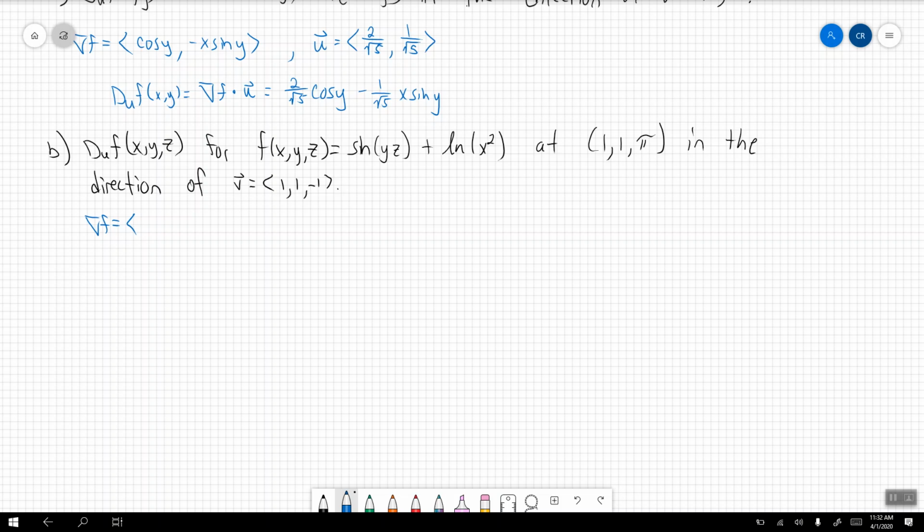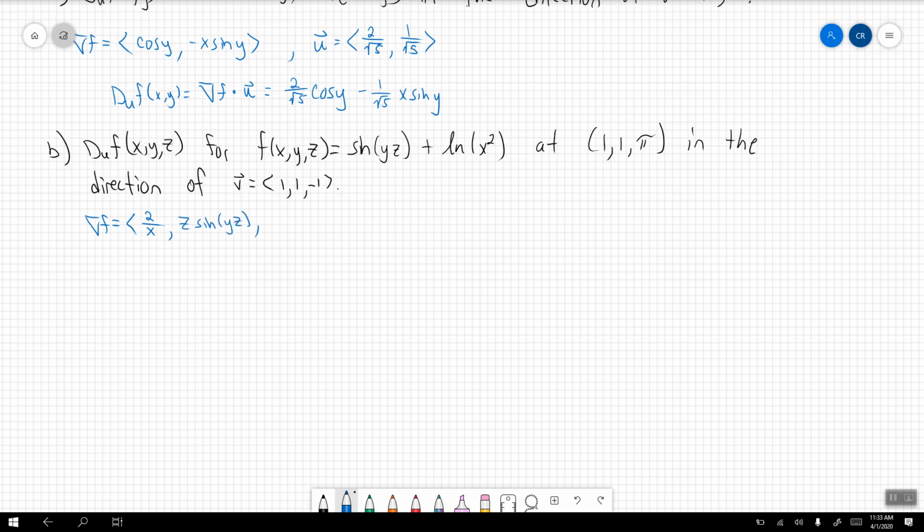All right, so 2x divided by x squared should give us 2 over x. Now, the partial derivative of sine of yz with respect to y should get us z multiplied by sine of yz.